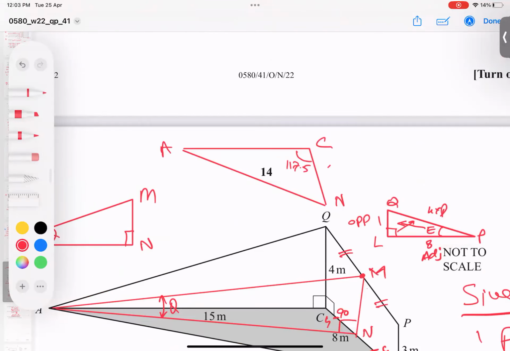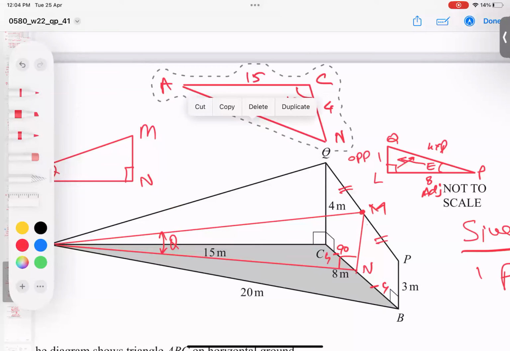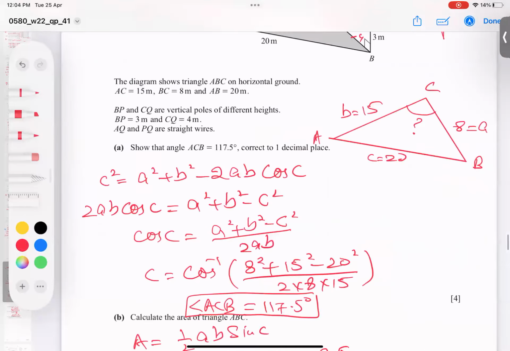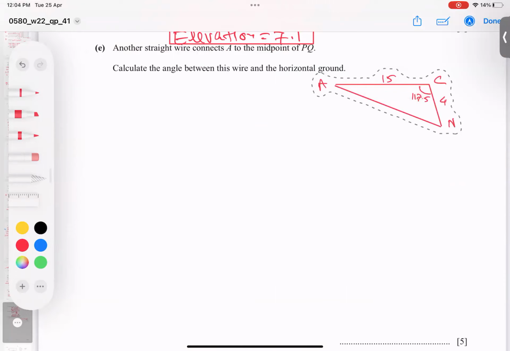And this length is 4 because I said before 4 and 4. And this 15 is the full length. Using the cosine rule, I can find AN. So this triangle, I'm shifting to the next page. I hope you understand what I'm saying.